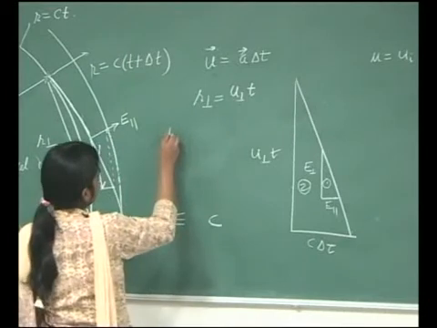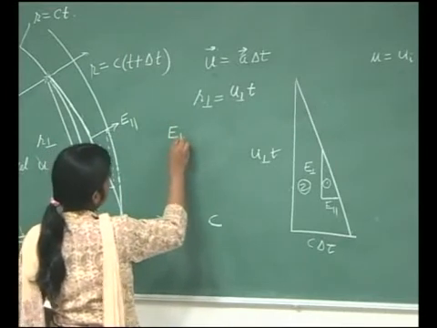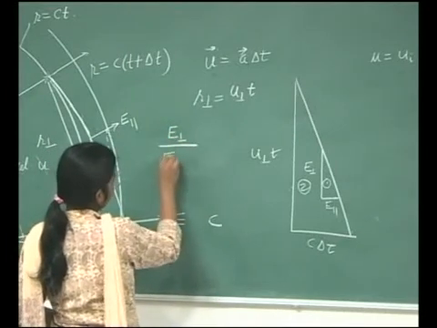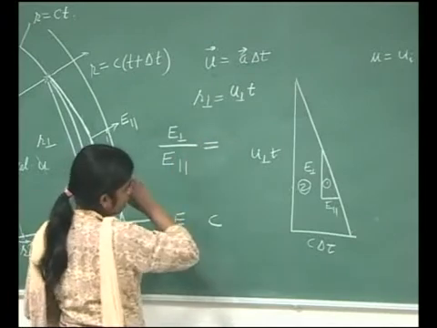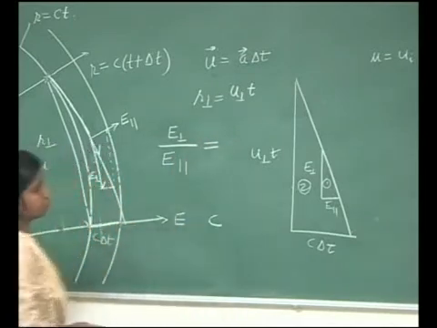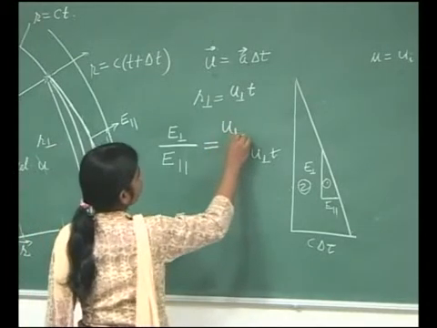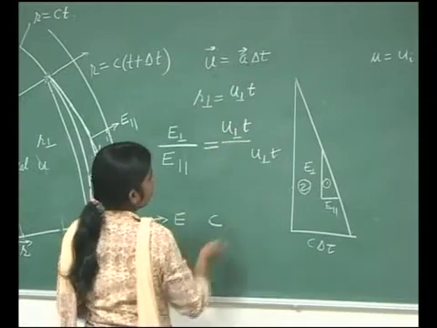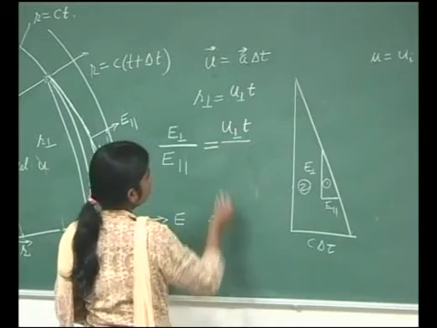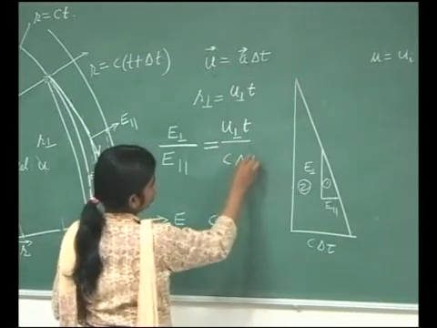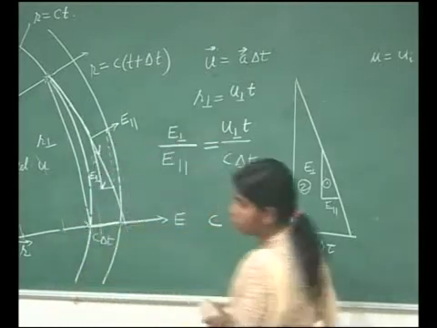So, I can write here that E perpendicular divided by E parallel is equal to what? u perpendicular t divided by c into delta t. Is it okay?